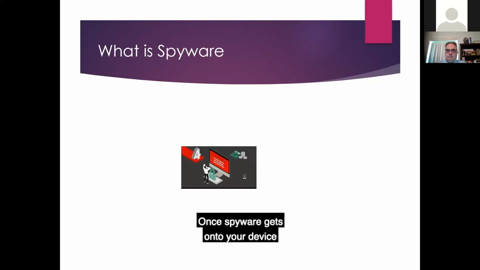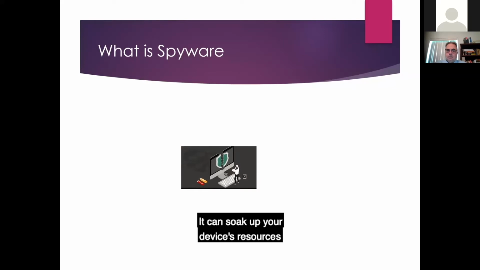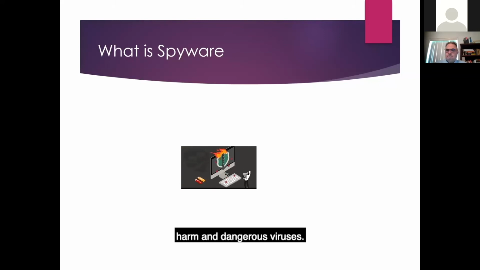Once spyware gets onto your device, it can cause very nasty problems. It can communicate your personal and confidential information to the attacker, with information to valuable things like your email activity, passwords, social media accounts, credit card information, and purchase history. Your online identity is at high risk of being stolen and imitated. The spyware can also corrupt and compromise your device's performance. It can soak up your device's resources, making it run slowly, tag in between applications, crash, and overheat. Furthermore, the spyware can manipulate search results and serve you potentially harmful and fraudulent websites, which may trick you into clicking into more harm and dangerous viruses.